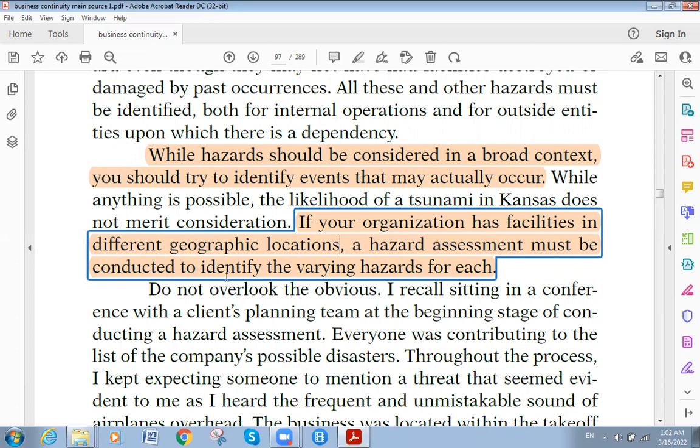So for the part in spot A, you have to assess the hazards for this part. For the part in B, you have to assess the hazards of this part, and so on.